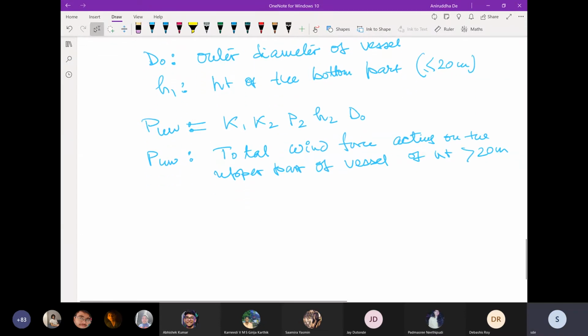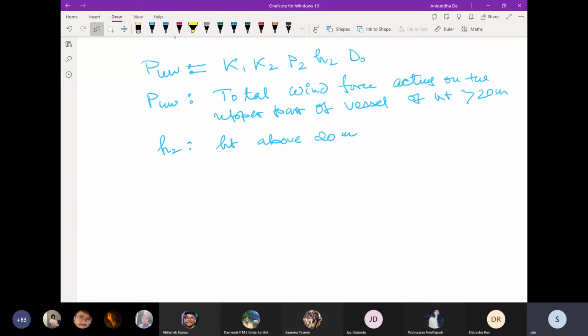So if the height is 25 meter, then we are talking about the 5 meter only. Okay, h2 is the height above 20 meter. It is 5 meter for 25 meter tall vessel, and p2 is the wind pressure for upper part.